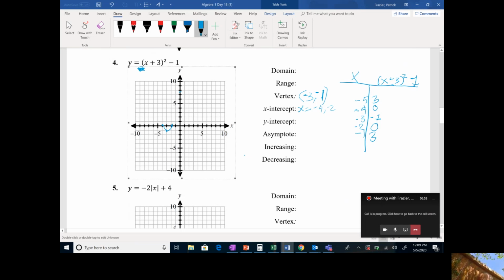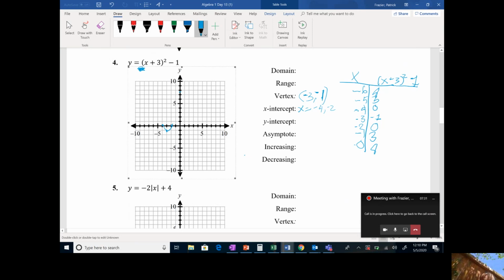And then let's go to -6 and also to 0. So 0 plus 3 is 3. 3 squared is 9. 9 minus 1 is 8. And I should get an 8 over here as well, because -6 plus 3 is just -3, and -3 squared is, again, 9, and 9 minus 1 is 8.